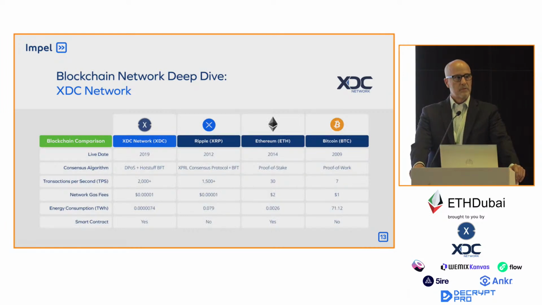The comparisons between the XDC network and other blockchain protocols. The XDC network stands out at high scalability, 2,000 plus transactions per second, near zero gas fees of 0.00001 cent per transaction, smart contract capability, and the energy consumption is quite low. We consider it a green project.